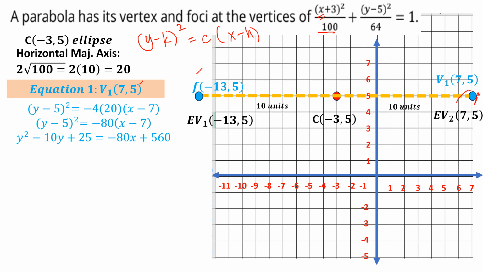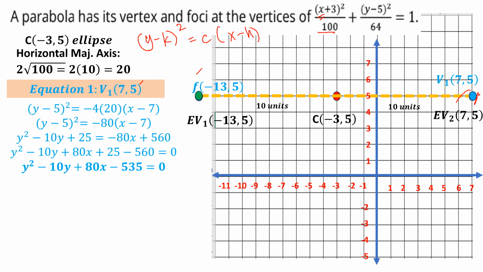For that, the general form of our parabola equation will be described by y squared minus 10y plus 25 is equal to negative 80x plus 560. In general form, we should have y squared minus 10y plus 80x plus 25 minus 560 is equal to 0. To further simplify, we have negative 535 as the result of positive 25 minus 560.